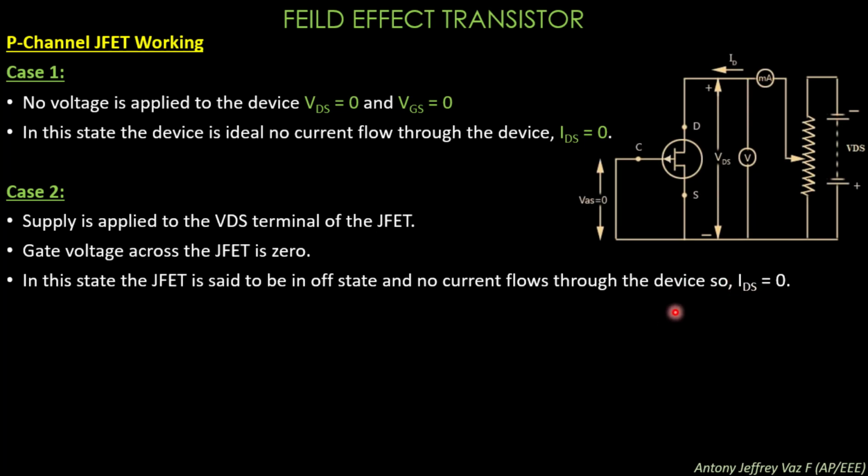In this condition, you may see the voltage across the gate and the source terminal is 0, but there is a voltage across the drain and source. Since the gate voltage is 0, the current cannot flow through the drain and source terminal of the JFET.